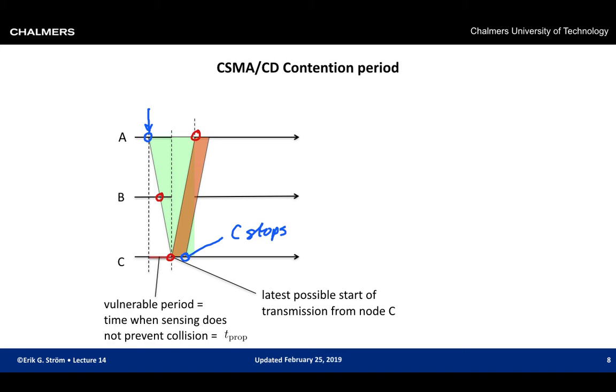Now, to detect C's frame here, C needs to transmit for a little bit of time, because otherwise this will not be detected by A. So that's why you don't immediately stop transmitting when you detect a collision. You continue for a short period of time here.